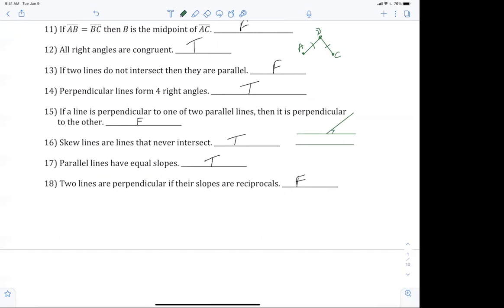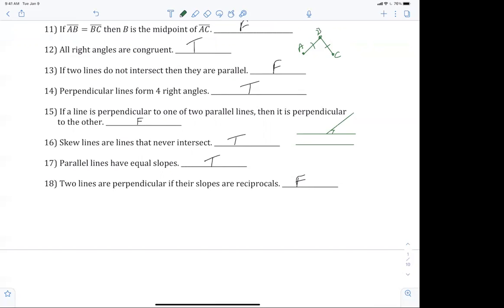So my pen here goes this way, the 2 parallel lines are this way, so this line is perpendicular to this line without being on the other line. Now, if all 3 lines were in the same plane, that would then be true. Does everybody realize it's just hard to see all possible things?